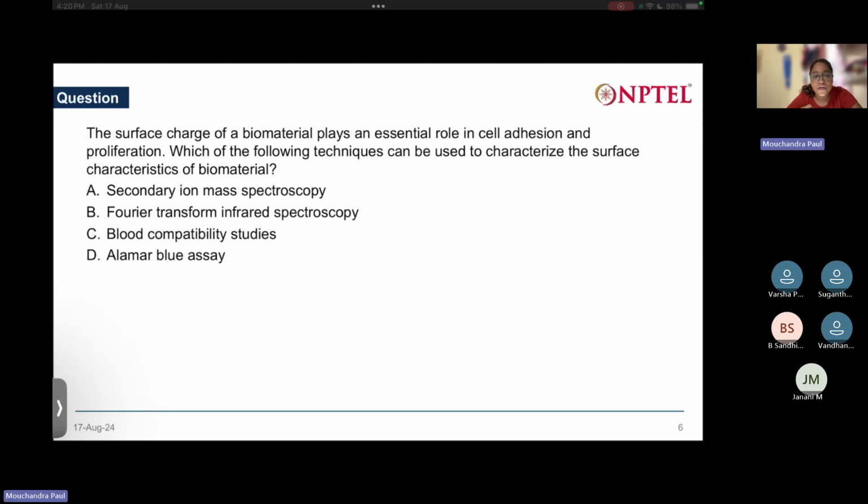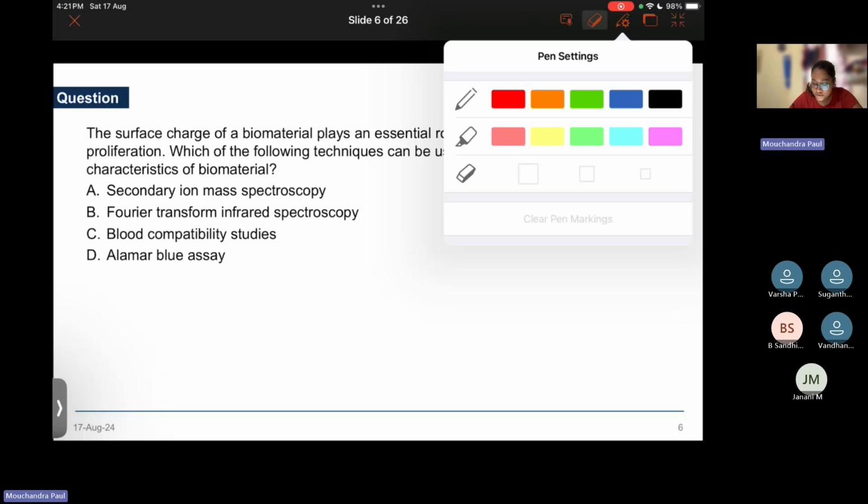Option B is Fourier transform infrared spectroscopy. C is blood compatibility studies. D is Alamar Blue assay. So these are the names of characterization techniques.